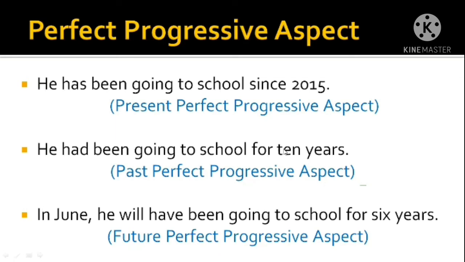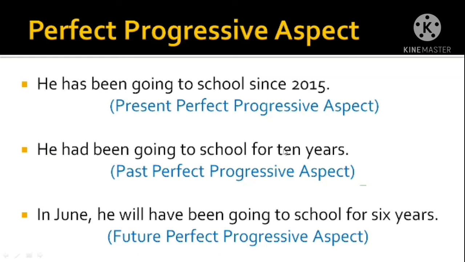Suppose I want to say about myself. I have been going to school since 2015. When I'm using I or we, have will be used, not has. Has will be used only in the case of he, she, it, third person singular number or any name for them. Geeta has been going to school since 2015.